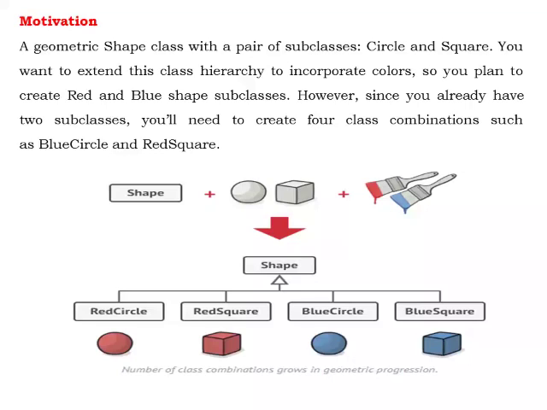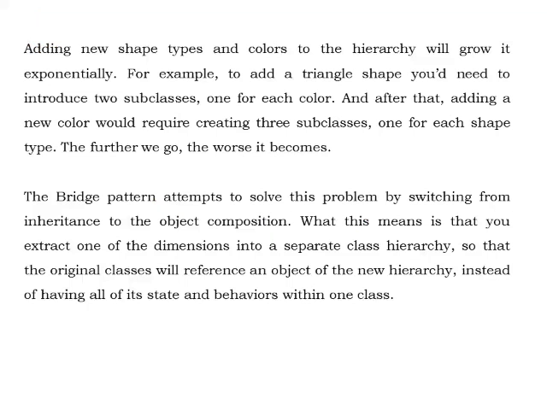Suppose we want to add a different color, a third color, again we have to add it for the circle, square, etc. So this is a problem here. Adding new shape types and colors to this hierarchy will make it very big, that means the hierarchy will grow exponentially.